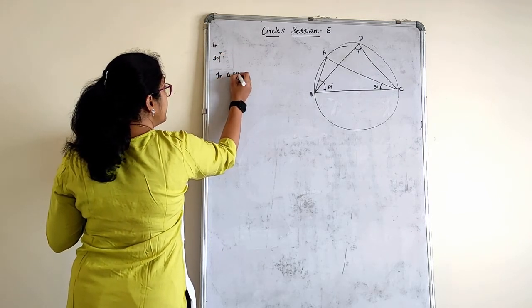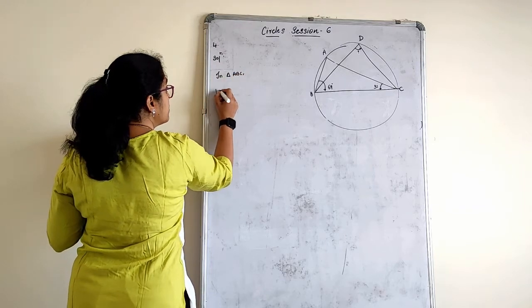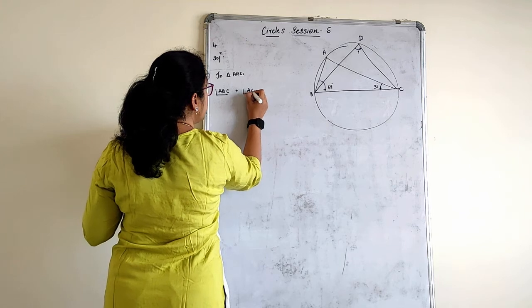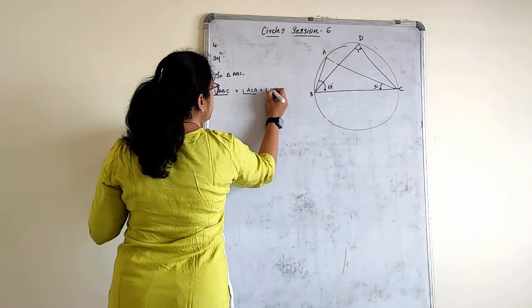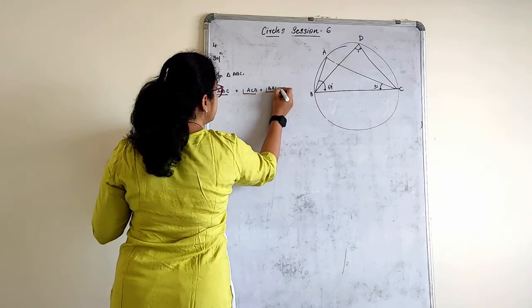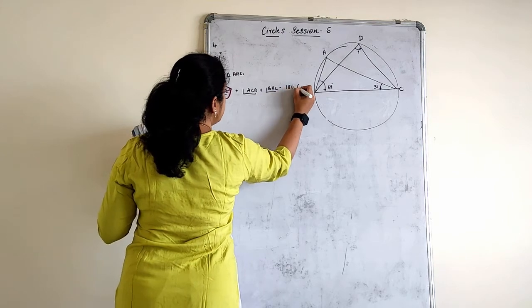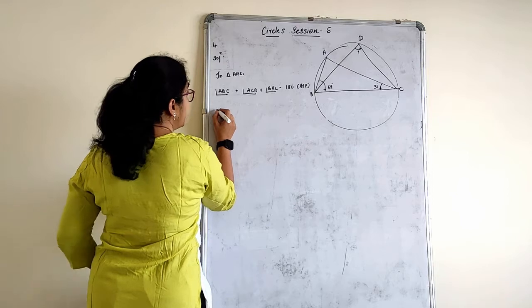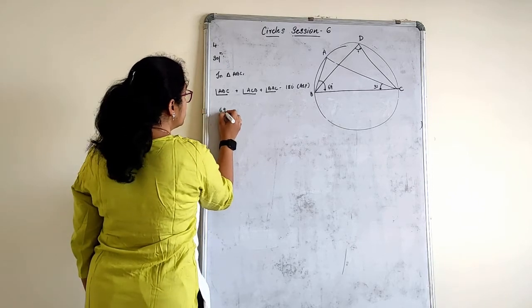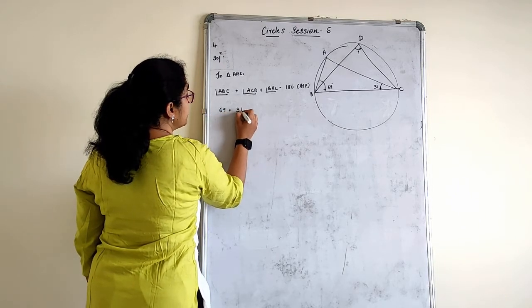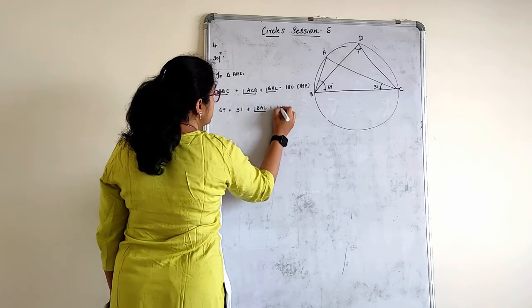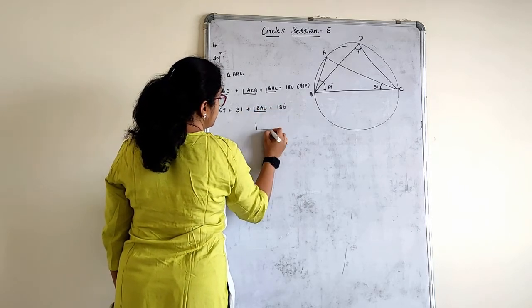In triangle ABC, angle ABC plus angle ACB plus angle BAC is equal to 180. Angle sum property. So angle ABC is 69, ACB is 31, plus BAC is equal to 180.